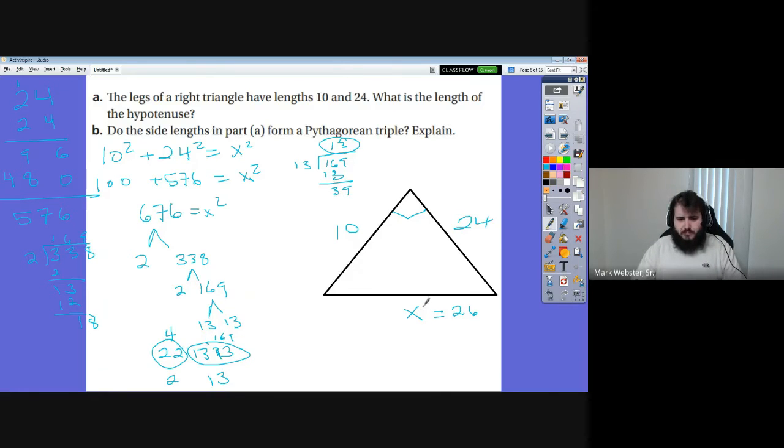No. So we're stuck here. 26. No radical left over. And are they a Pythagorean triple? 10, 24, 26. They're all whole numbers. So that's a yes.